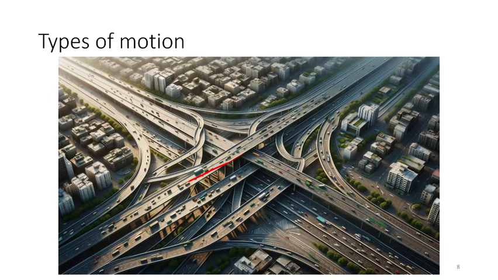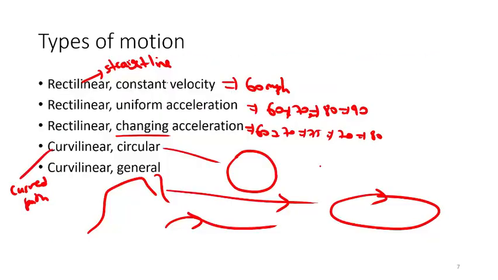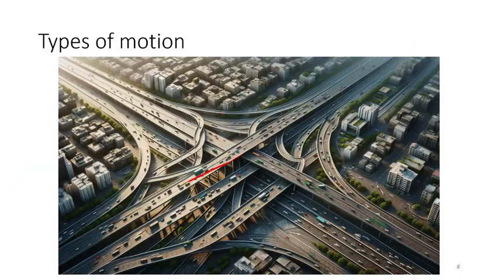It can be constant acceleration, or no acceleration, like in the cruise control mode. These are the different types of motion we will talk about in dynamics.